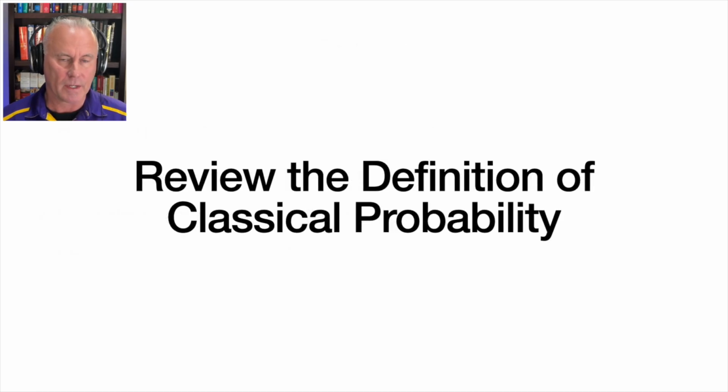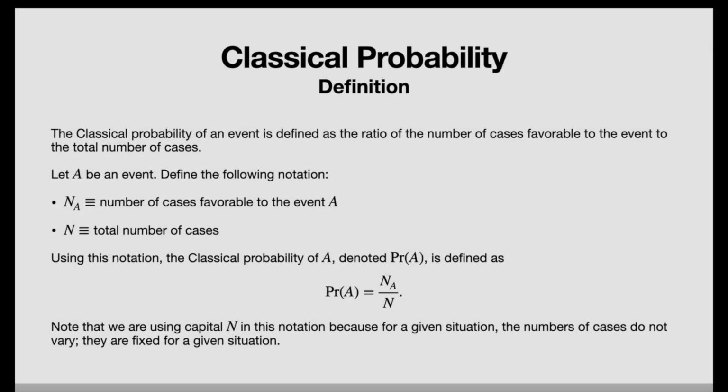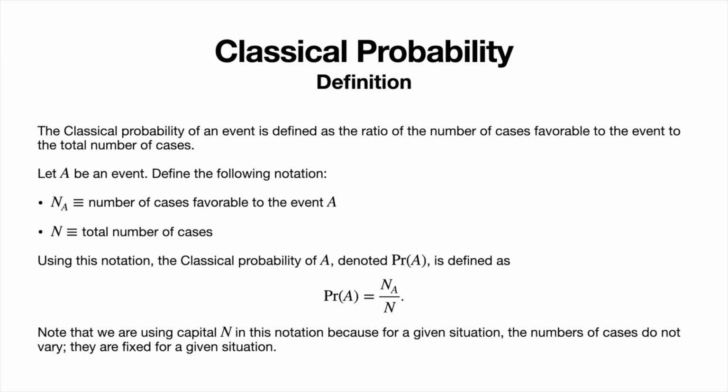So let's review the definition of classical probability. The classical probability of an event is defined as the ratio of the number of cases favorable to the event to the total number of cases. Let A be an event. Define the following notation.